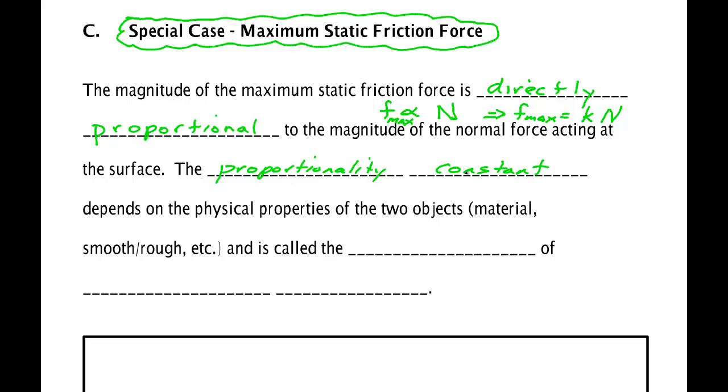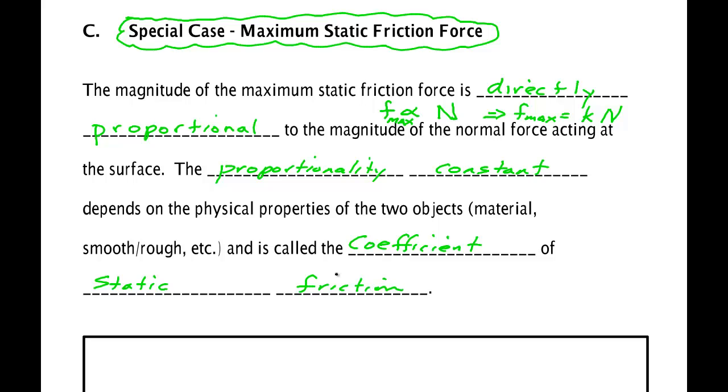We actually give this proportionality constant a name, just like we give the proportionality constant between force and acceleration a name. We call it mass. Well, there's one similar here. It's called the coefficient of static friction.